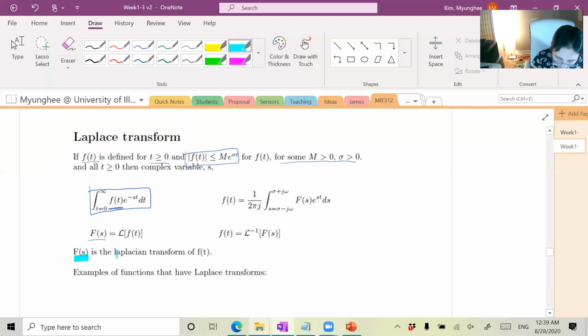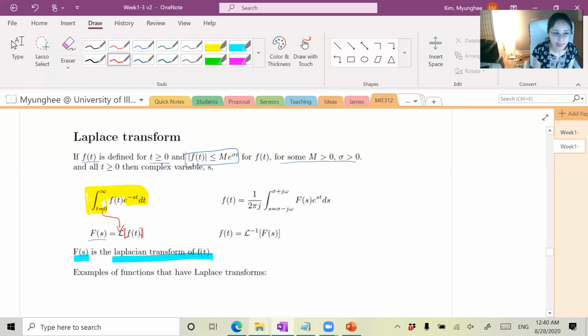So F(s) is the Laplace transform of F(t), and because this whole part is a little bit complicated to write, again, you are very lazy. So we express everything as L and this bracket.